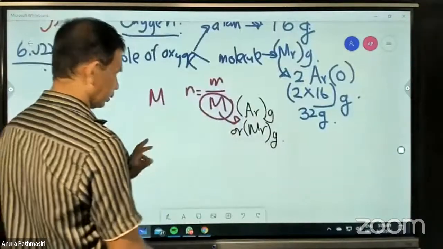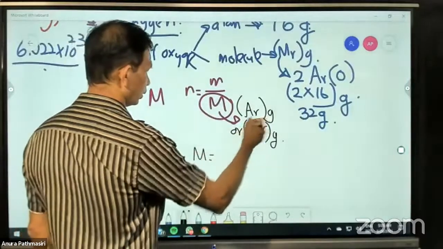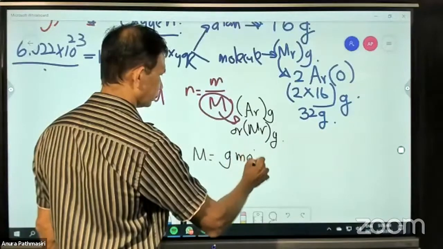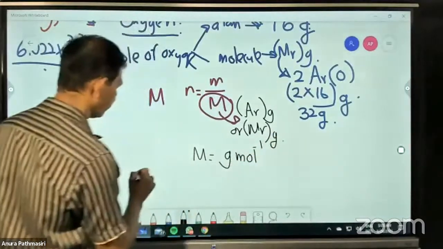Then the capital M is equal to, if I say, gram per mole. Grams per mole.